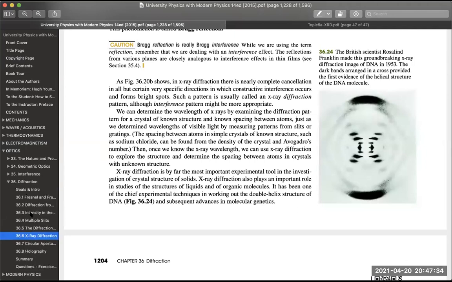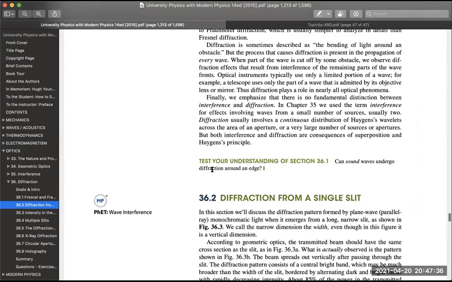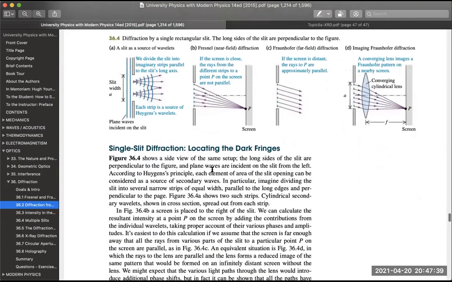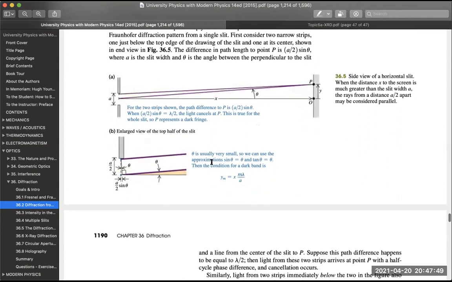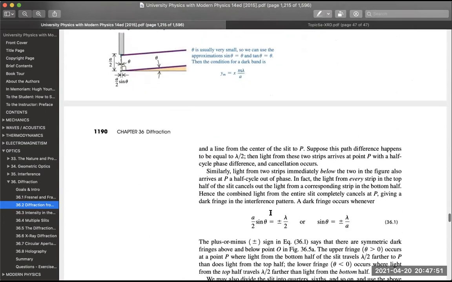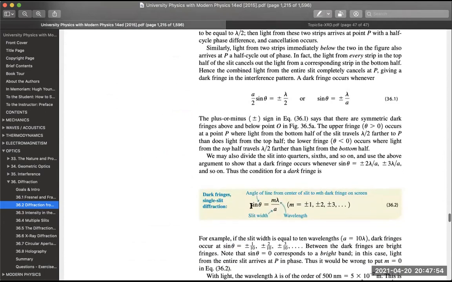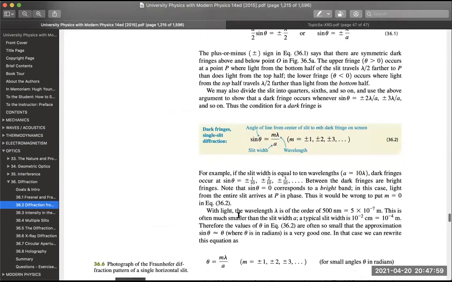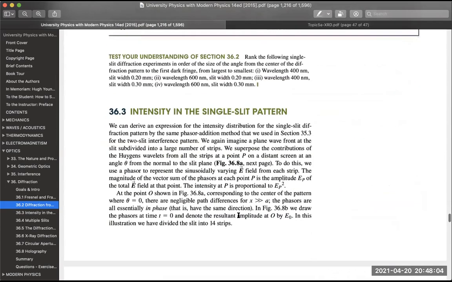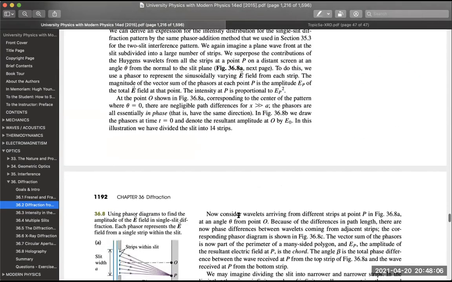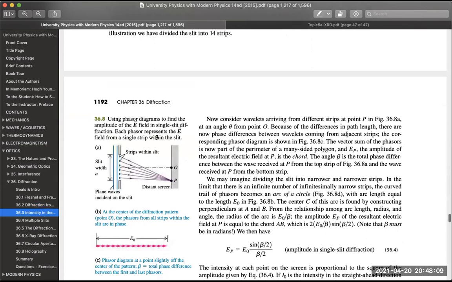We are here talking about diffraction from a single slit. These are the diagrams that we've seen so far. Here's a better drawing than mine of the derivation of this condition, the dark fringe condition. But if we wanted to talk about the intensity, let's start here.